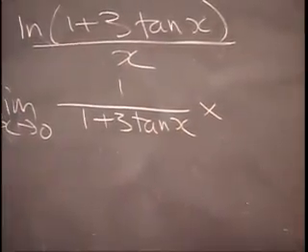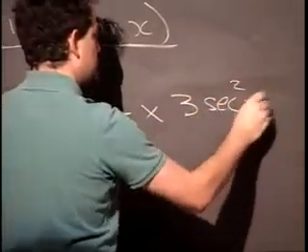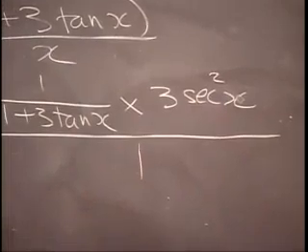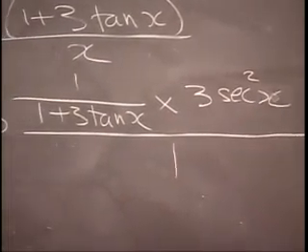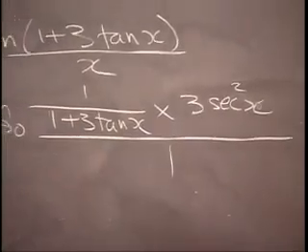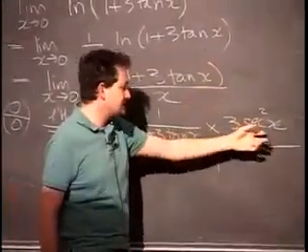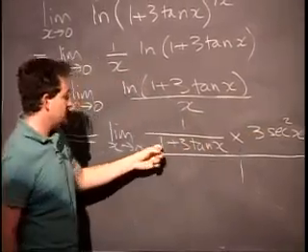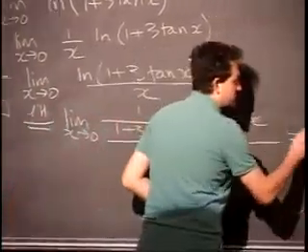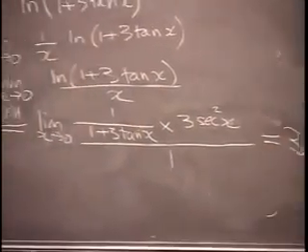The derivative of tan x is secant squared x, all over 1. Now, if you plug in 0, cosine of 0 is 1. Secant of 0 is 1 over 1, which is still 1. Square it, still 1. So this is 1 times 3 over 1. That's just 3, if you work it out. Limit is 3. Are we done?